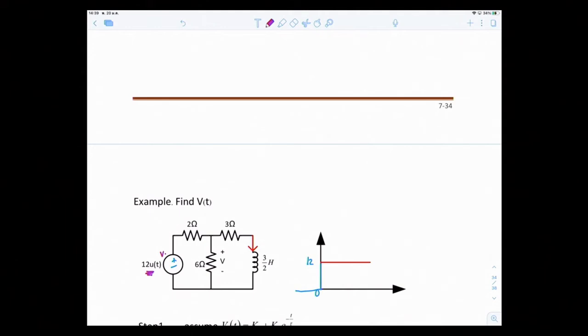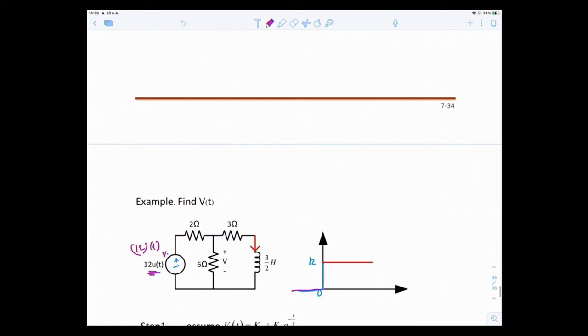First you have to realize what the voltage source looks like. With the unit step u(t), for t less than 0 it is 0. For t greater than 0, u(t) is 1, so it's 12 times 1, equal to 12. So the voltage source turns on at t equal to 0 with 12.